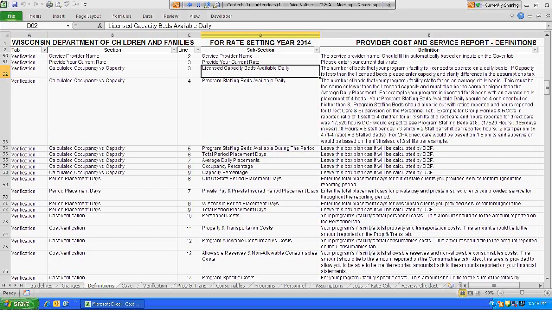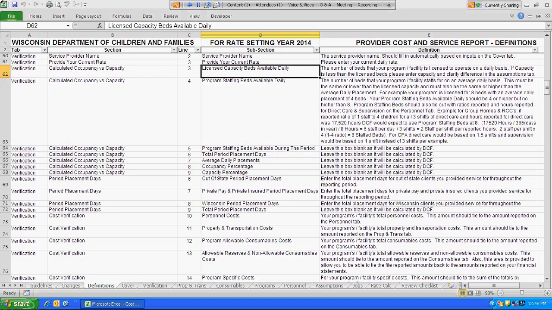You need to give a detailed description and clarify that information in the assumptions tab. Same if you're a group home licensed for 8 beds, but your home only has the capacity to handle 6. You could clarify that in the assumptions tab and then claim 6 licensed capacity beds instead of the 8 that you're truly licensed for.